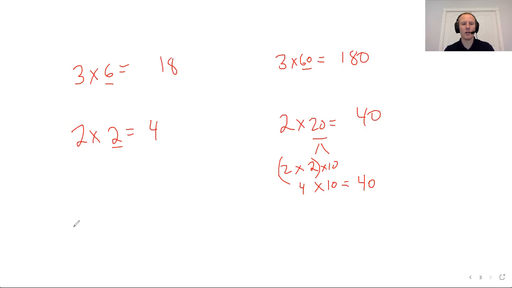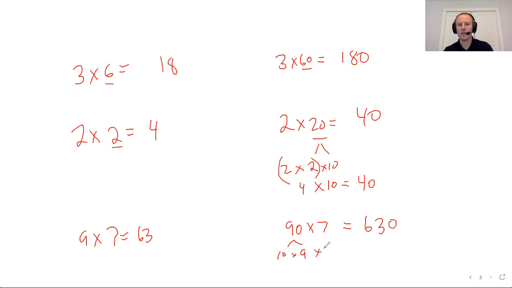And one more here. Let's do 9 times 7 equals 63. 90 times 7 equals 630. Well, why is that, Mr. Brunel? Because I can turn that 90 into a 10 times a 9 times 7.